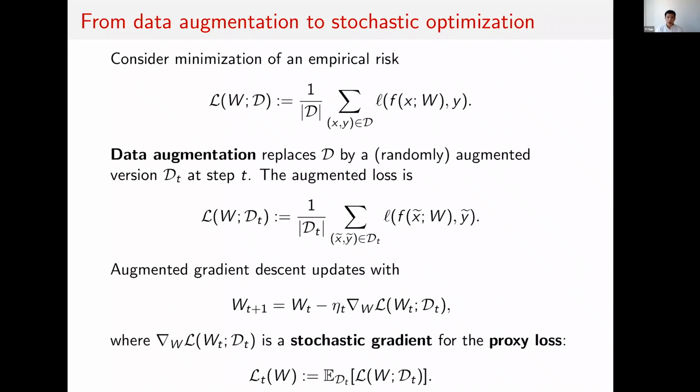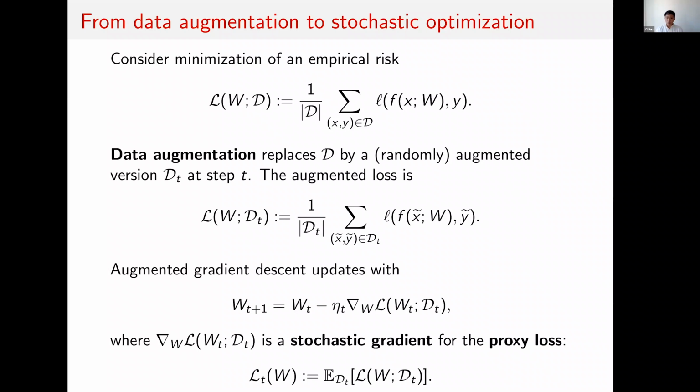In this context, I want to view data augmentation as the process of replacing my data set D with a usually random augmentation D sub t at each step t. And then I'll run gradient descent on this augmented loss. What I'll find is I'll get updates which are given by the gradient of this augmented loss.